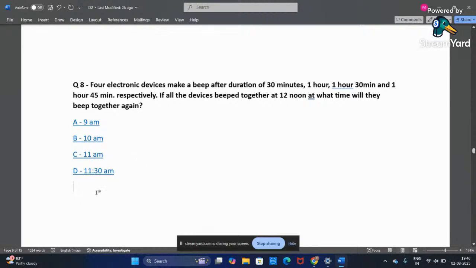So first you have to convert this into minutes. 1 hour we can write as 60 minutes, 1 hour 30 minutes as 90 minutes, and 1 hour 45 minutes we can write as 105 minutes. We are converting into minutes.